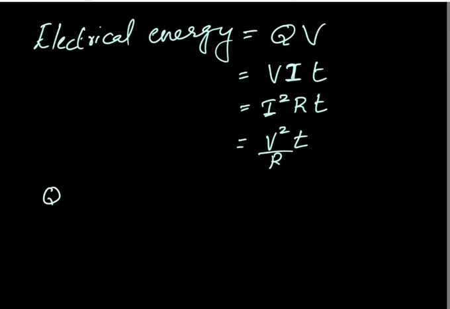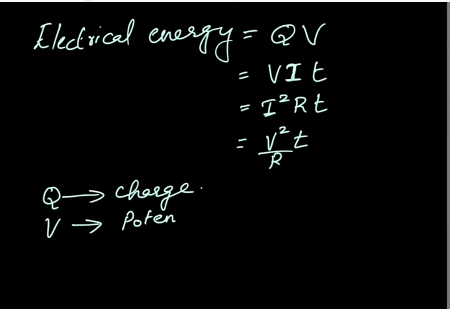So here Q is the charge, then V is the potential, or we can even write it as voltage. Okay, and charge will be in coulomb, V will be in volt. We have learned it earlier in the earlier classes.